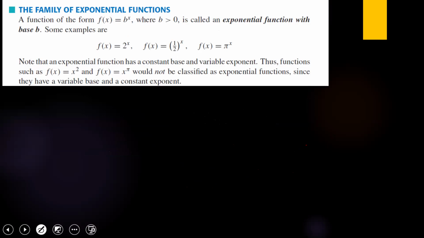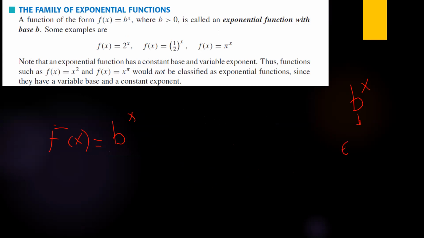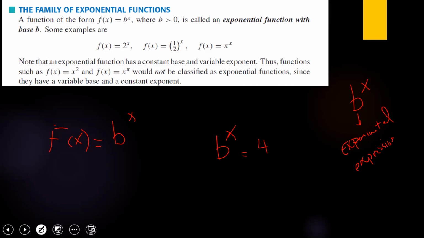The functions that we talked about before, which is f of x equal base to the power x. If we have base to the power x only, we say that it is an exponential expression. If we have b to the power x equal 4, we call it an exponential equation.